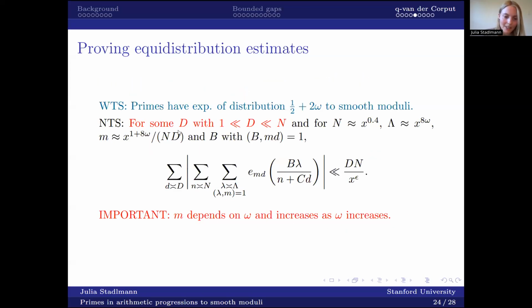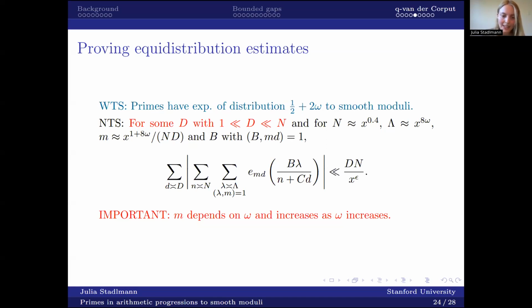We have a sum over d, where d is a factor of the smooth moduli q. We have a sum over n, where n is the support of some coefficient sequence. And then we have a sum over lambda, which comes from a completion of sums. We want to bound this exponential sum, which has phase b lambda over n plus cd.